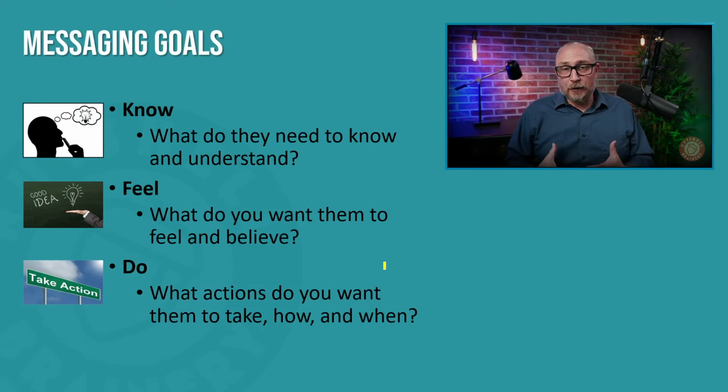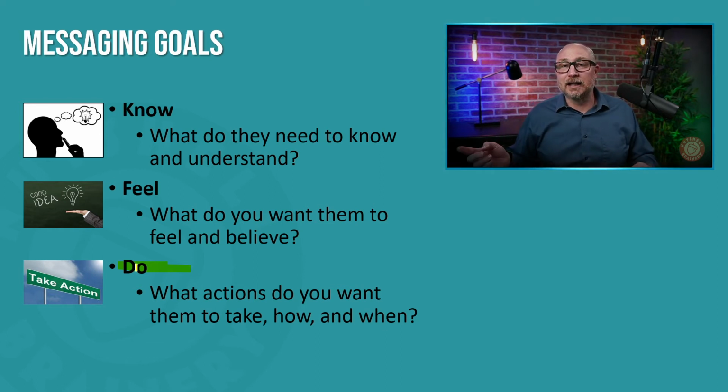Now, the next thing that you want to look at are your messaging goals. Okay, so what are messaging goals? Well, let's work through it backwards. Obviously, there are some things you want your audience to do. In the case of my example, I want them to participate in this extra credit assignment.